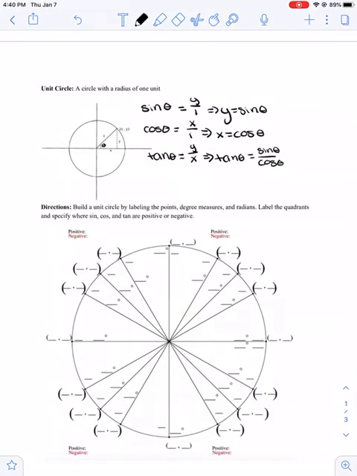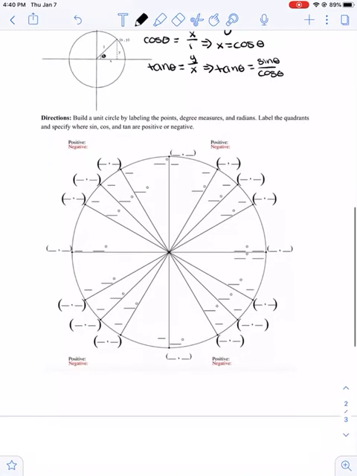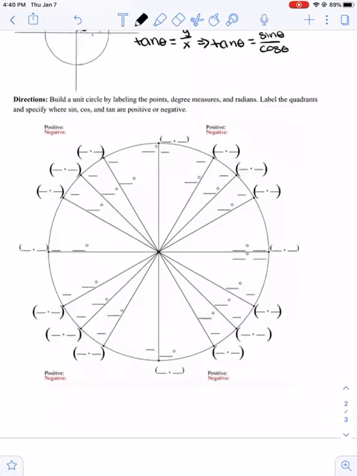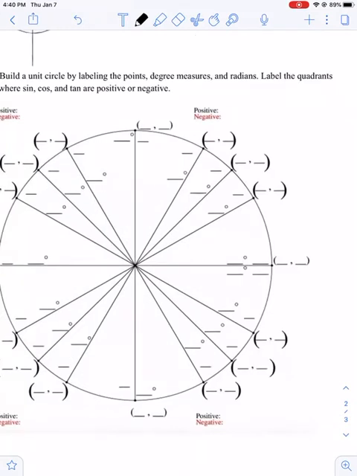All right. So what we are going to fill out is first the degrees. So this is 0, 30, 45, 60, 90.